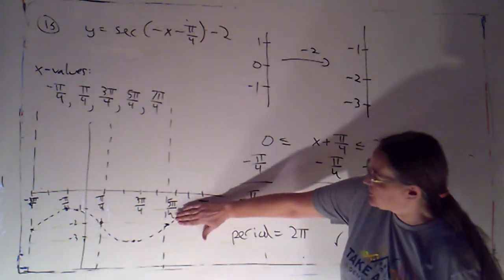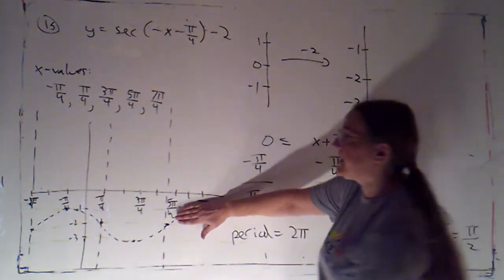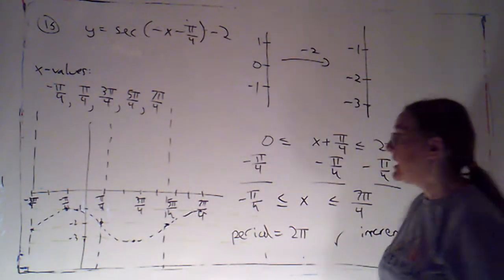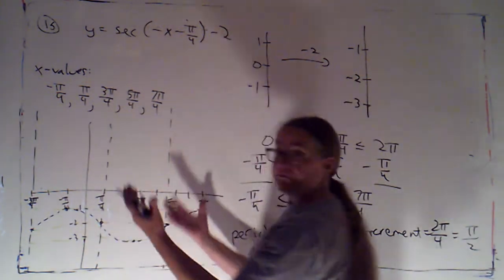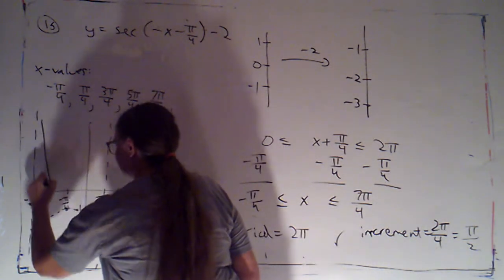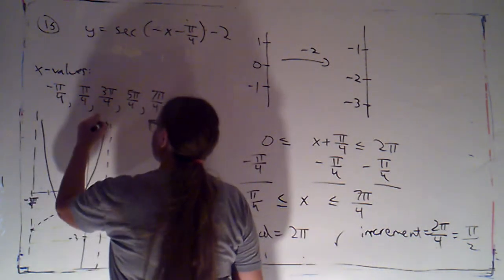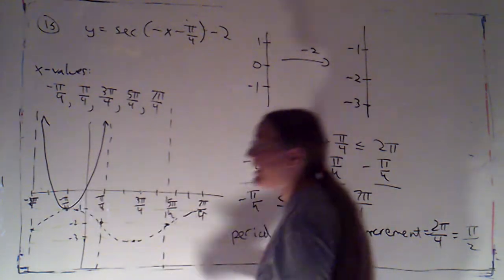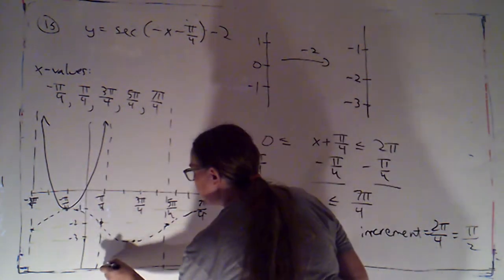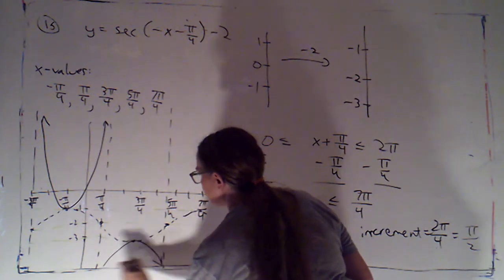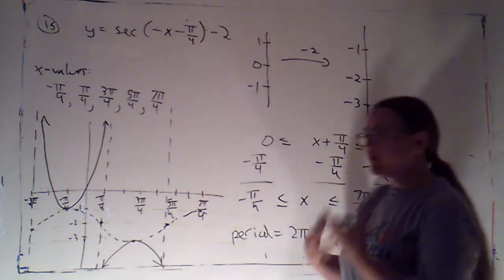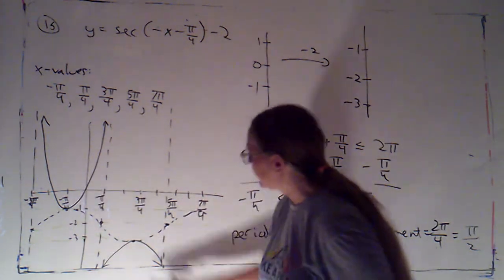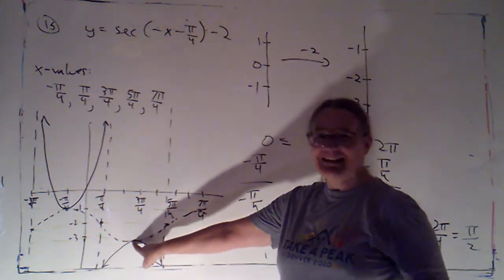So I'm actually not concerned with this portion of the graph because I can get one full period between these two asymptotes. So then I flip the bumps, making sure that the low point of the secant graph meets the high point of the cosine graph. And again, the reasoning there is not that the reciprocal of -1 is -1, but the reciprocal of -3 is not -3.